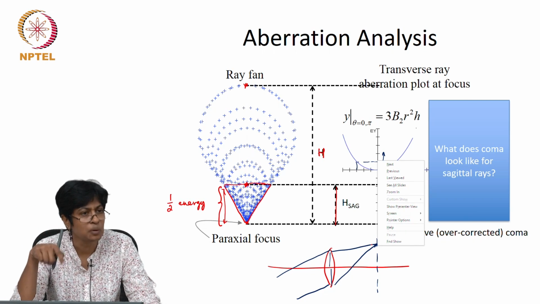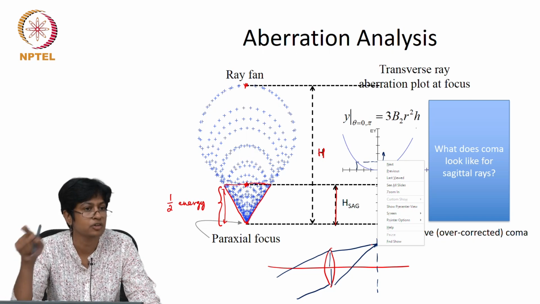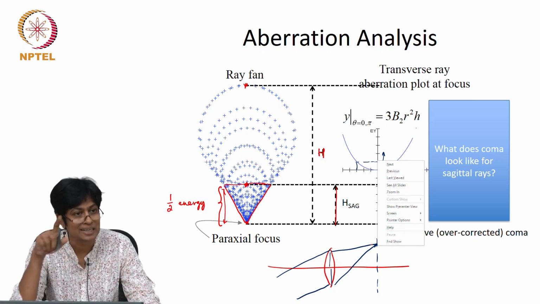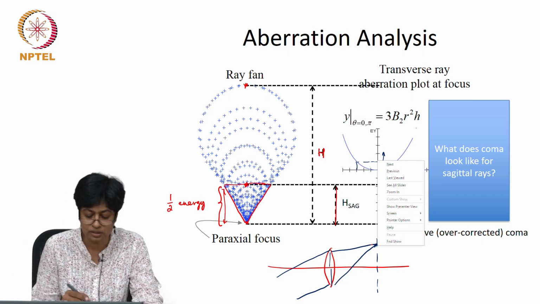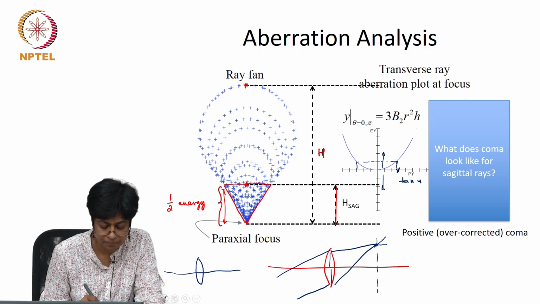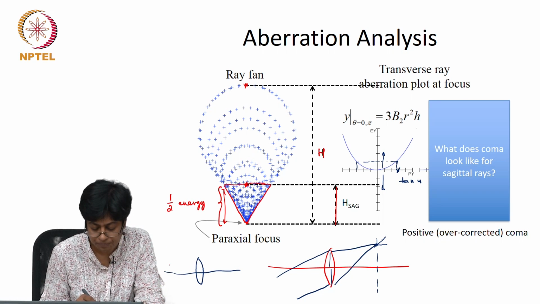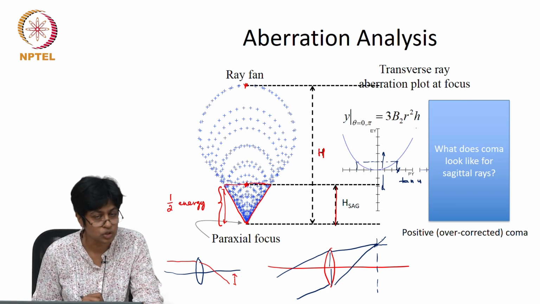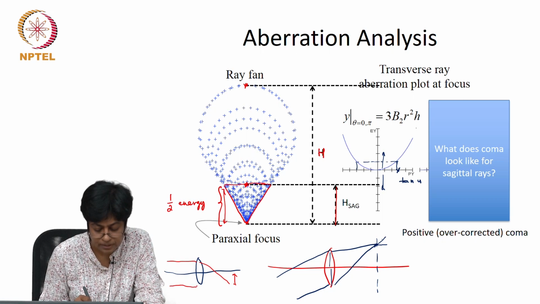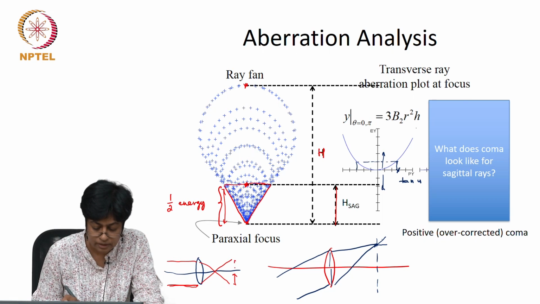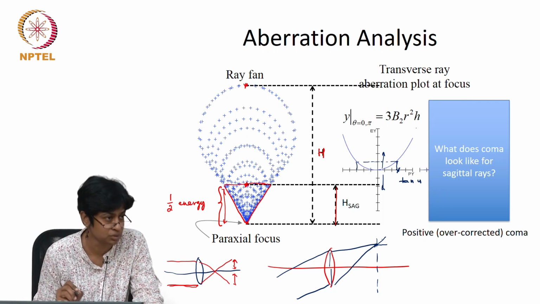So here you see now a big difference between the RIC curve of spherical aberration and of coma. In spherical aberration, your curve had an antisymmetrical nature because the ray coming from the top of the lens had this error, so it was negative, but the ray coming from the same distance below came up like this, so it had the same magnitude transverse error, but the sign was opposite.